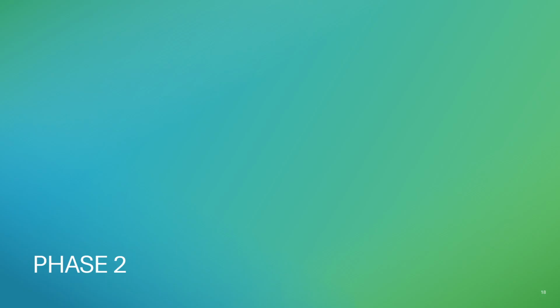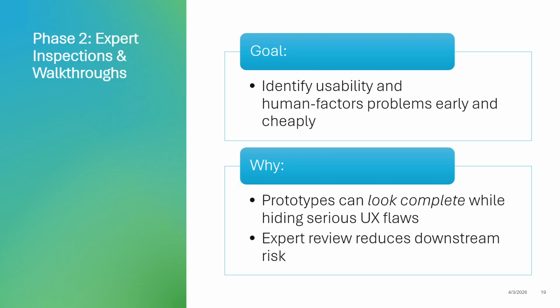Then, when you have that prototype, we can move to phase 2, where experts take that prototype, those requirements, and that understanding of the user, and identify usability and human factors problems. That phase is where the expert tries to identify what is wrong in the prototype that has been produced.